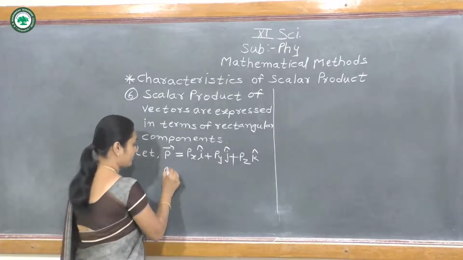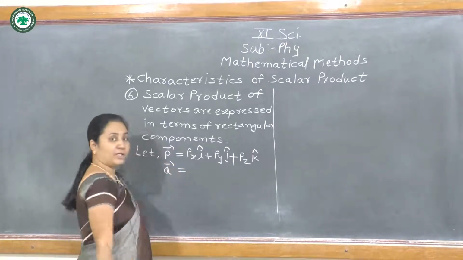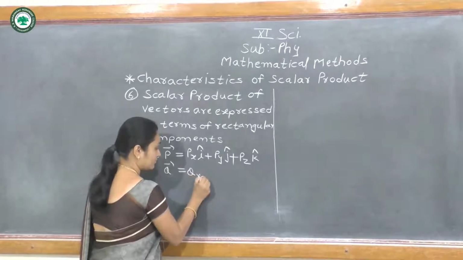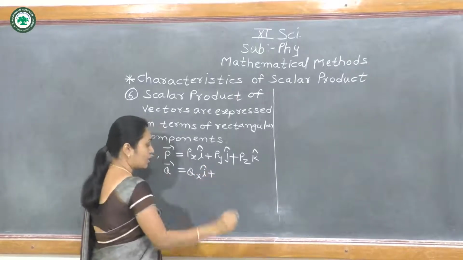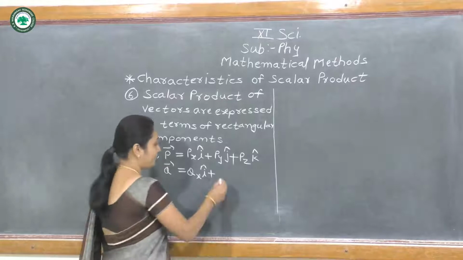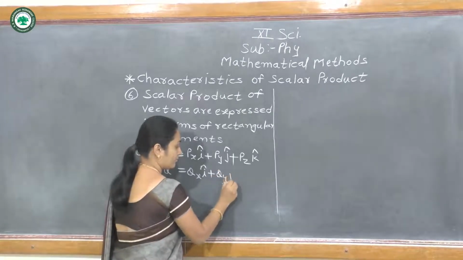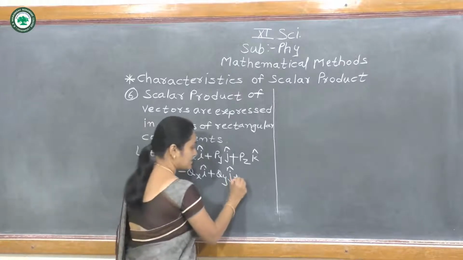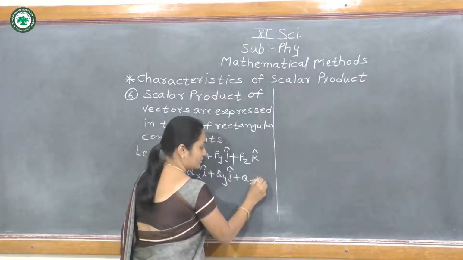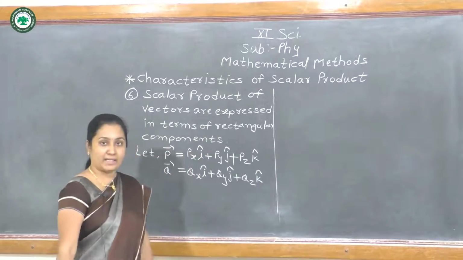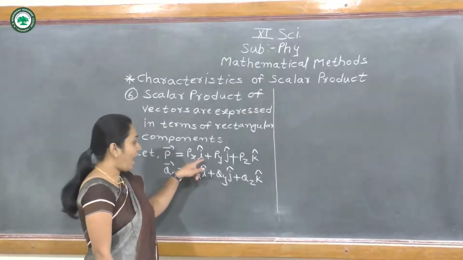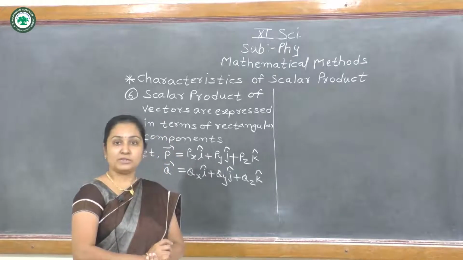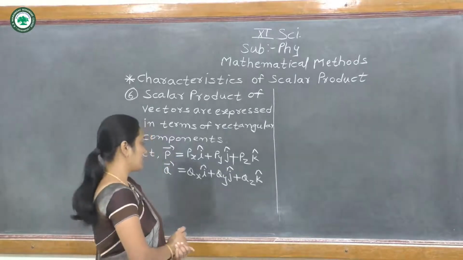Similarly, vector q bar is equal to qx i cap plus qy j cap plus qz k cap, where i, j, k are the unit vectors along the 3 perpendicular directions.